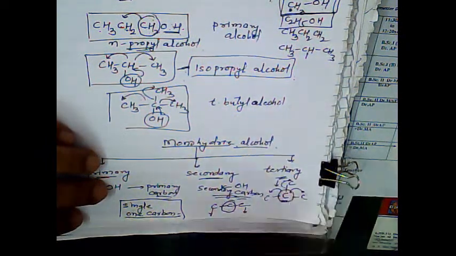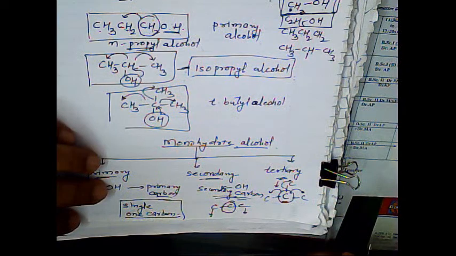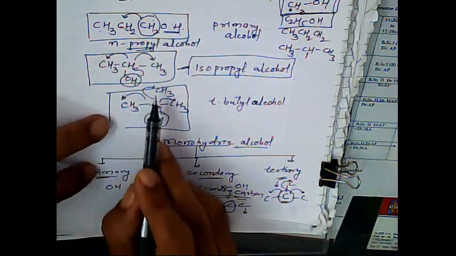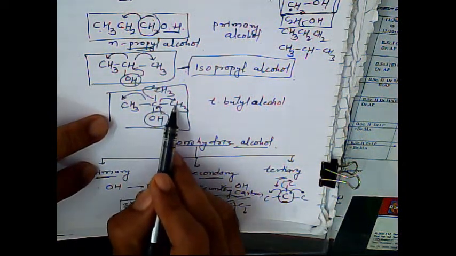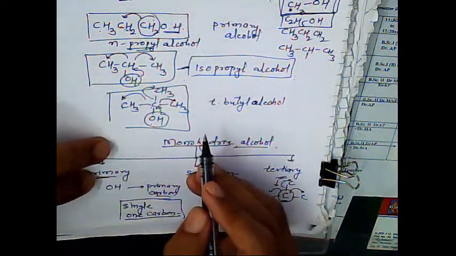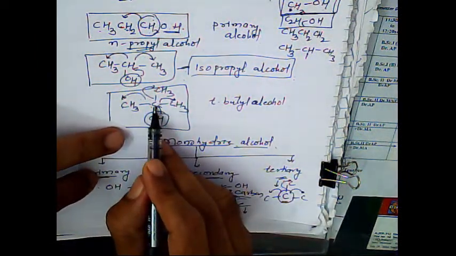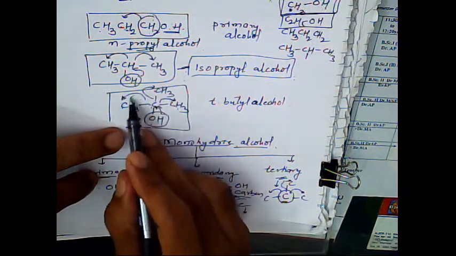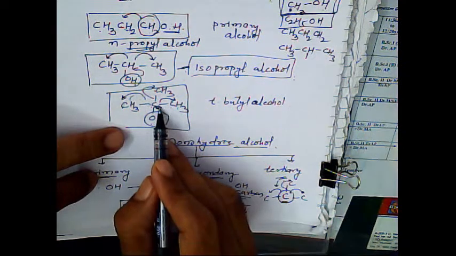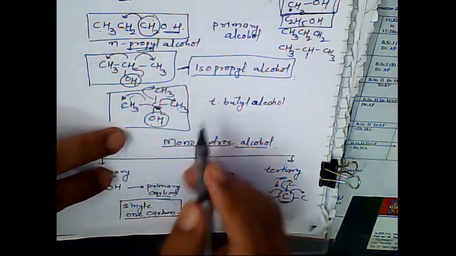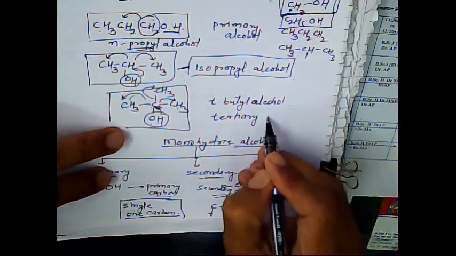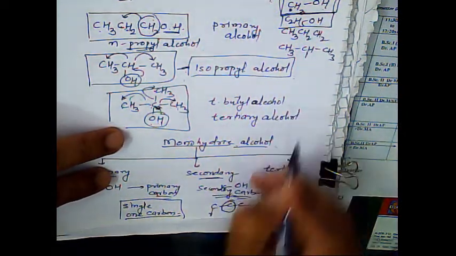So the nature of this carbon will be tertiary. In this example, CH3, CH3, CH3, single bond, OH, the OH is attached to the C carbon where three carbons are directly attached. So the nature of this carbon is tertiary, and therefore this alcohol will be called a tertiary alcohol.